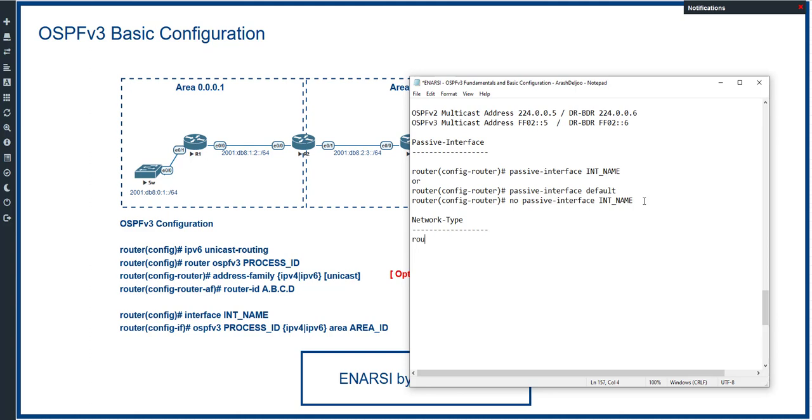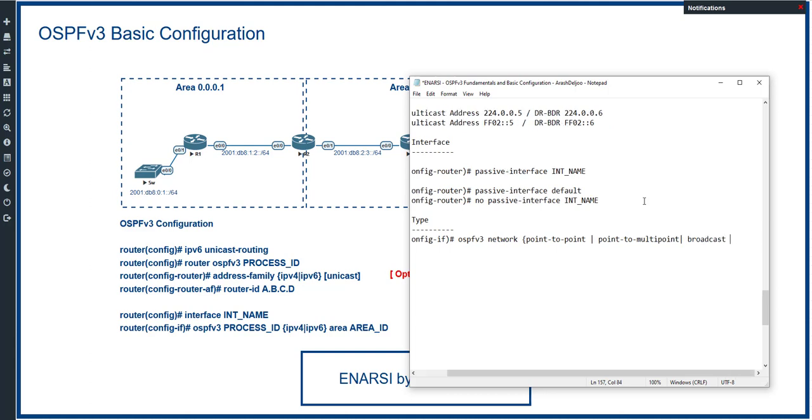Look here, in router config-if, for changing the network type, OSPFv3 instead of IP OSPF, then network, after that you can configure point-to-point, point-to-multipoint, broadcast, or non-broadcast. That's it.